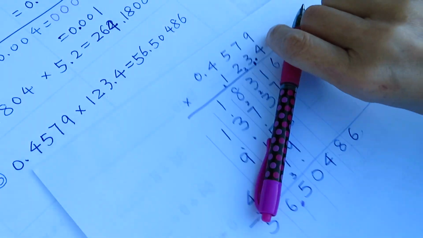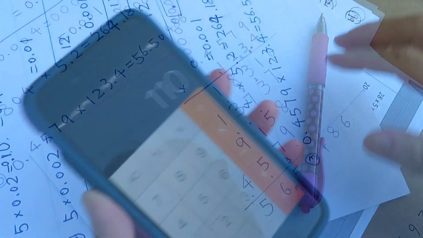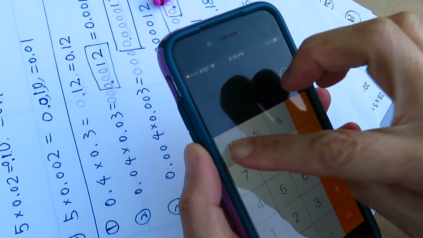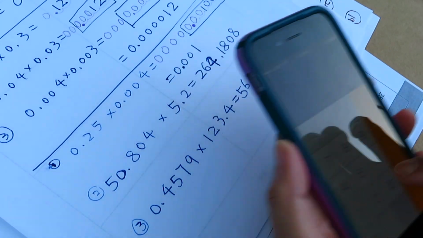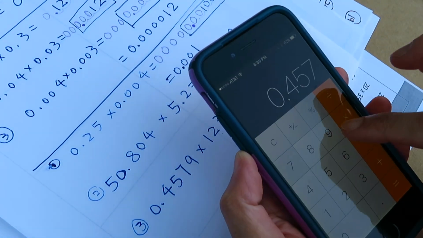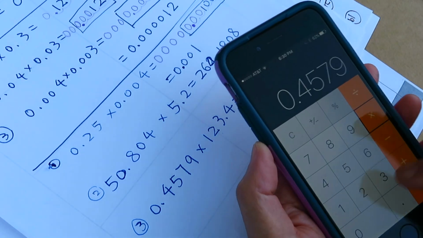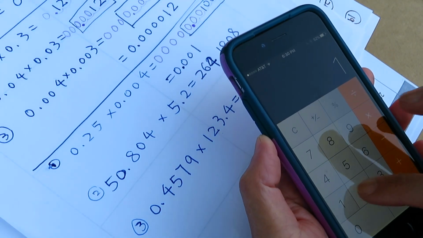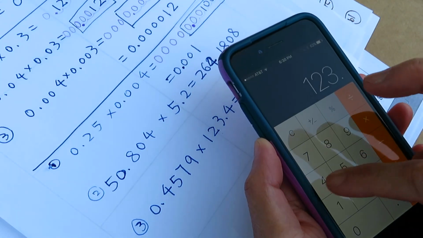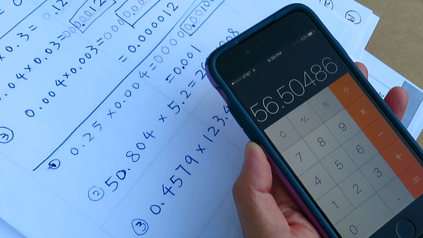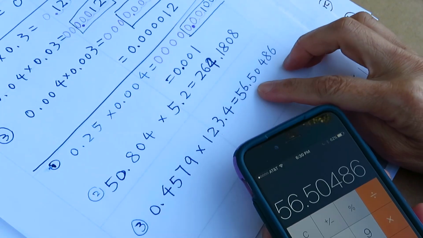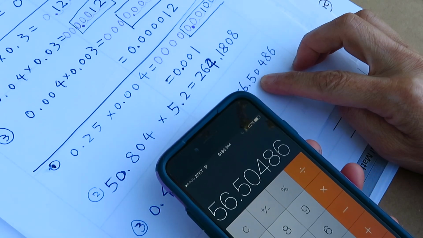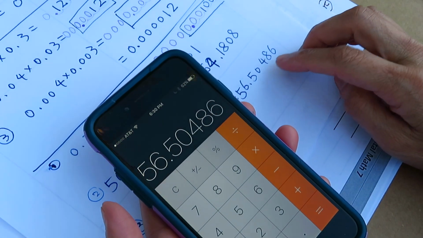Let me use my calculator to prove. Okay, let's see if we did it right. 0.4579 times 123.4 equals 56.50486.